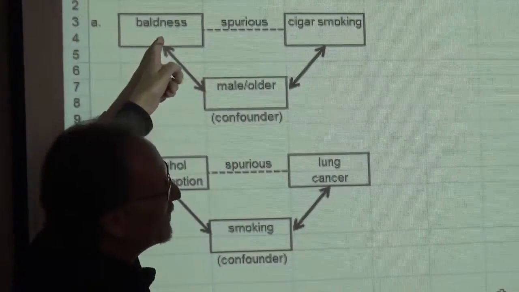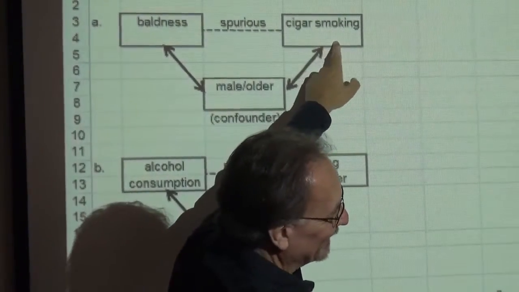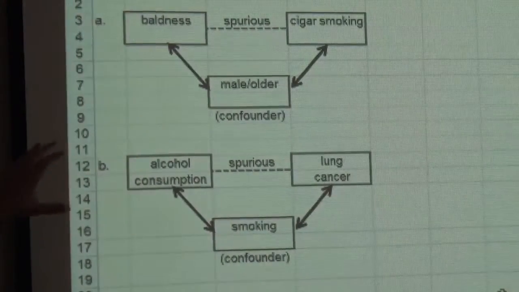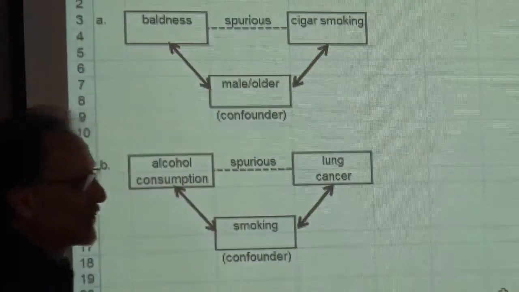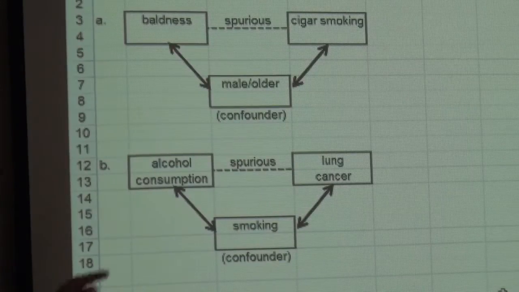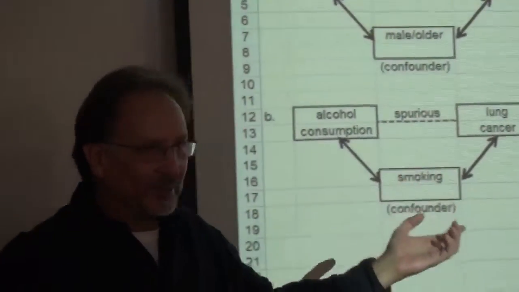Chemotherapy, yes, that's associated with baldness, but as far as I know, there's no association with cigar smoking. So that's what you have to think about. Is the confounder that you come up with positively associated with both of those things? Does that make sense? I can't think of another confounder here off the top of my head, but if you can come up with a good one, sure.